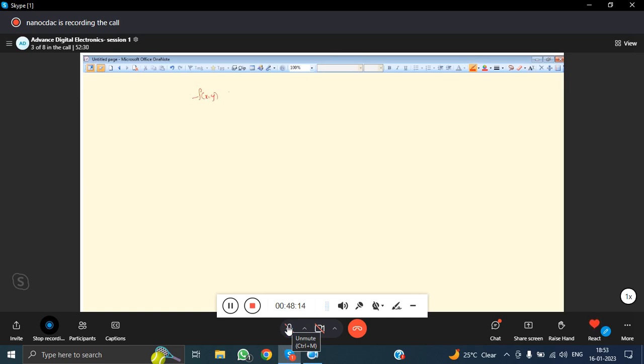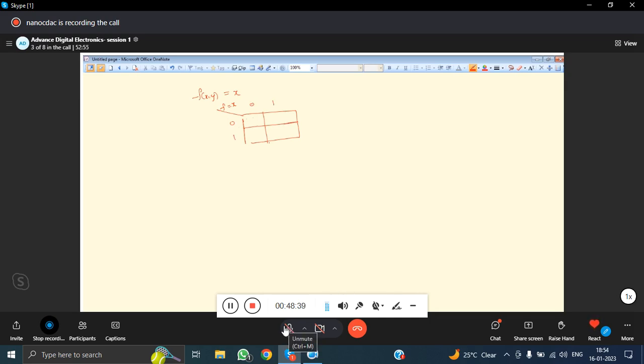Now the function f of x is given as x. So if we take the two variable KMap, what is this? f is equal to x. So what is this, 0 0, 1 1?